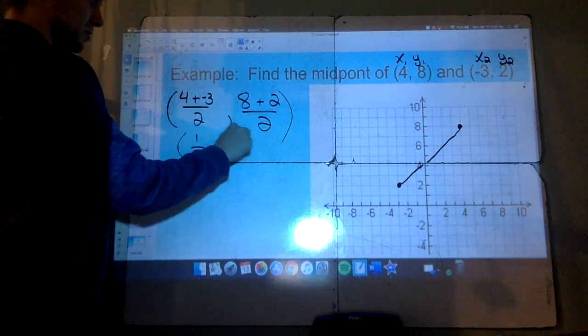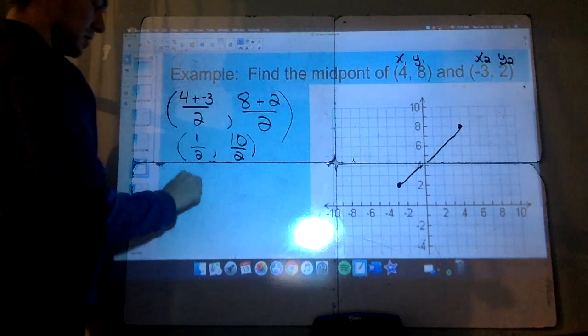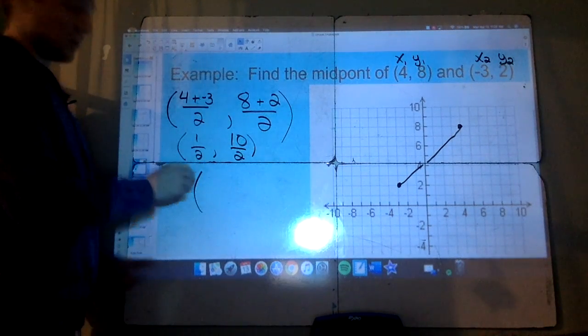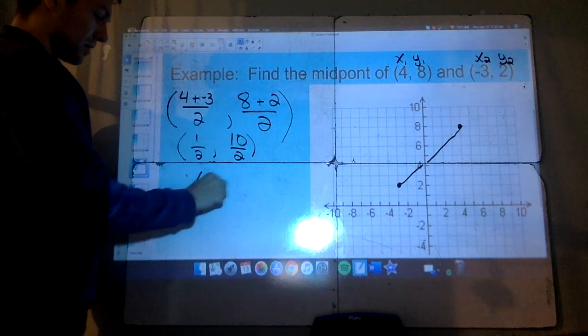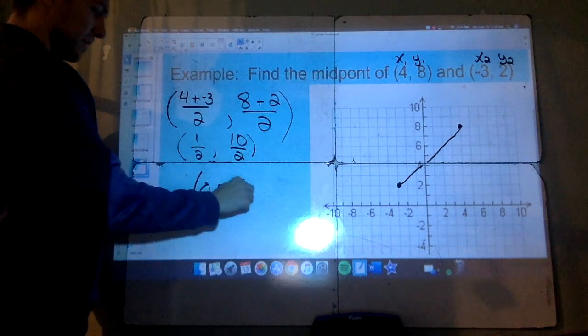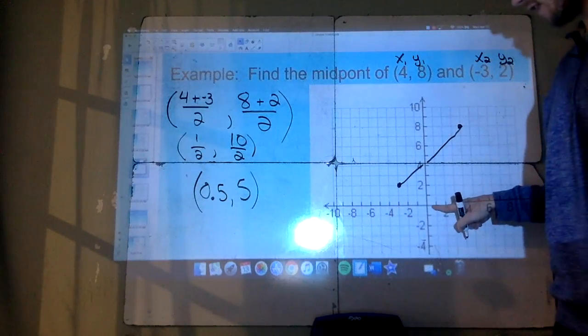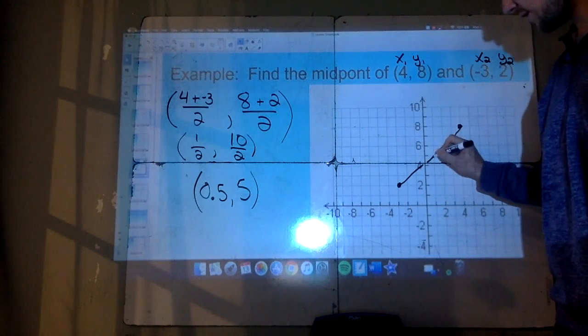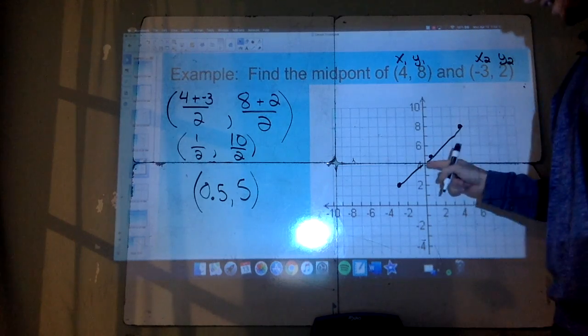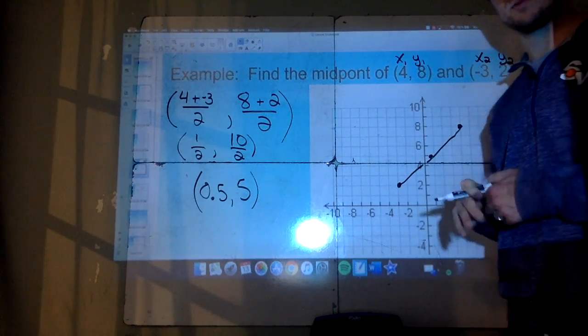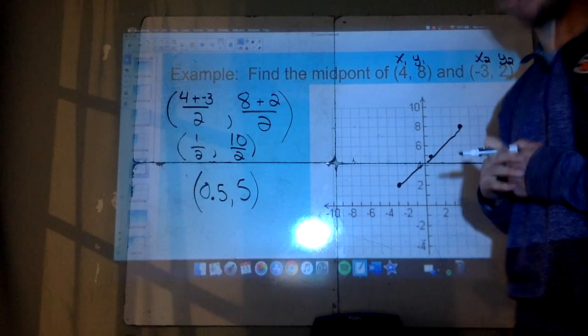And 8 plus 2 is 10 divided by 2. You could leave it as 1/2, I'm just going to make it a decimal. And 10 divided by 2 is 5. So if we graph that, we go over 1/2, up 5. You can see my line was pretty close to that midpoint, but we calculated it algebraically.